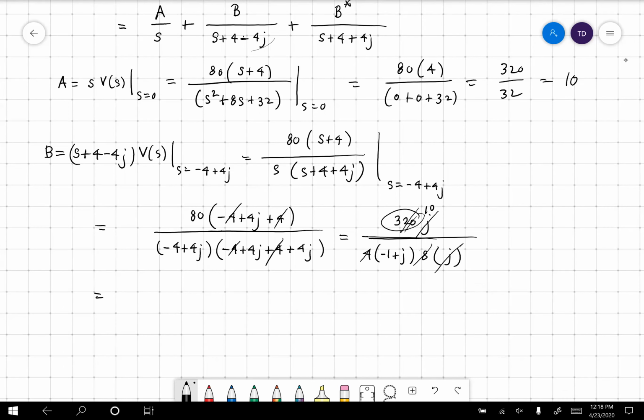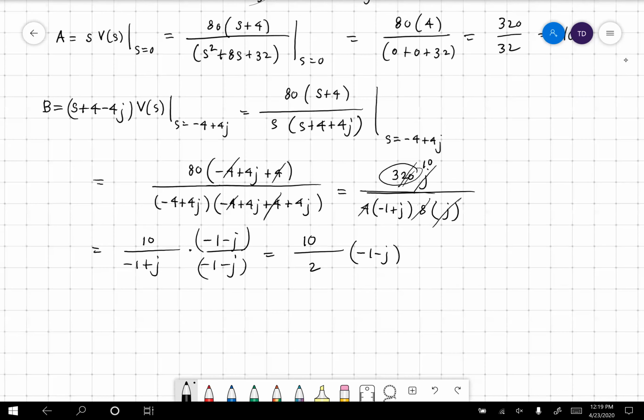And now this is equal to 10 divided by minus 1 plus J multiplied by minus 1 minus J over minus 1 minus J. And let's see, in the denominator, we know we're going to get 1 squared plus 1 squared, which is 2. We still have the 10 there. And then we have times minus 1 minus J. This is equal to 5 root 2 at an angle of tan inverse of minus 1 over minus 1.